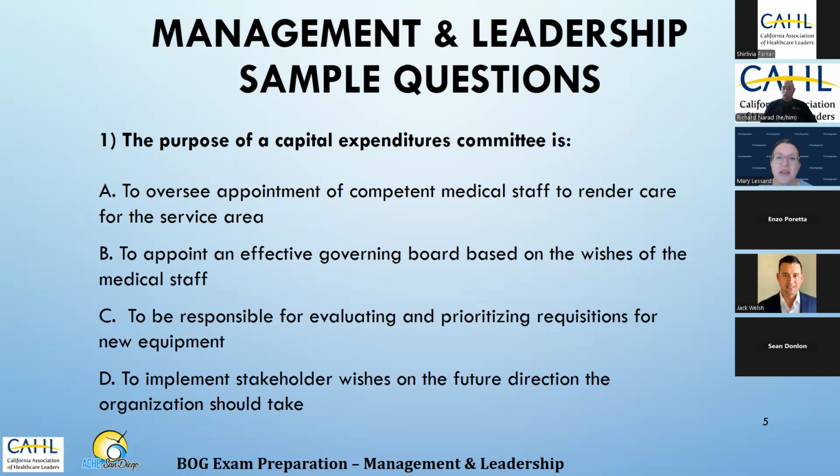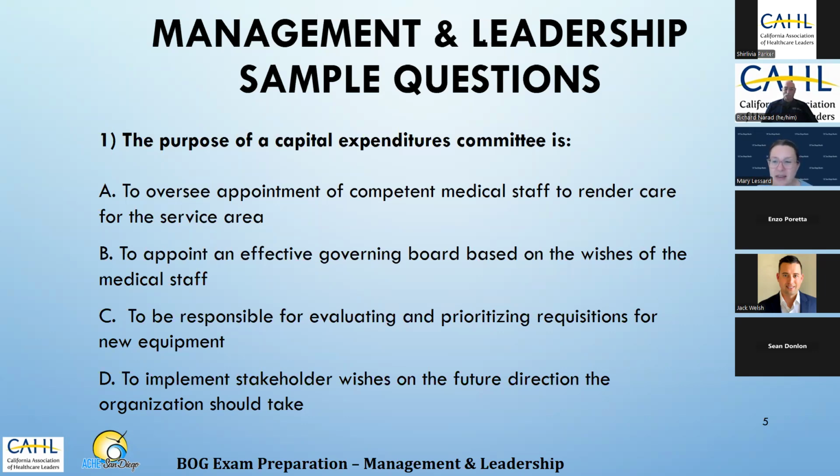Okay, process of elimination. Capital expenditures, capital, like large dollar, depending on your organization's definition of a capital expenditure, is usually based on how much it costs. So appointment of medical staff and rendering care, immediately I'm going to eliminate answer A. The Capital Expenditures Committee is not going to appoint an effective governing board, so easy peasy from my perspective, eliminating B as well.